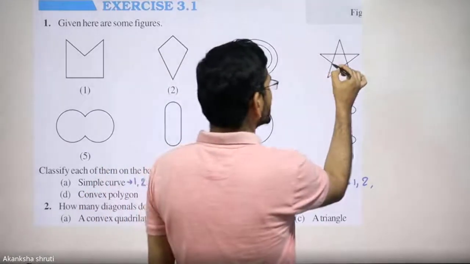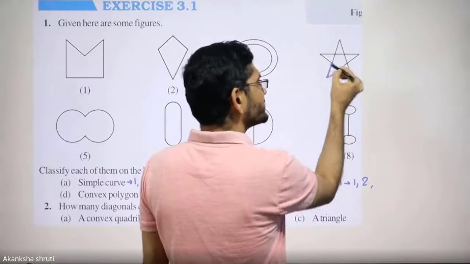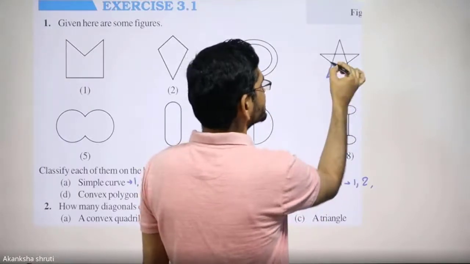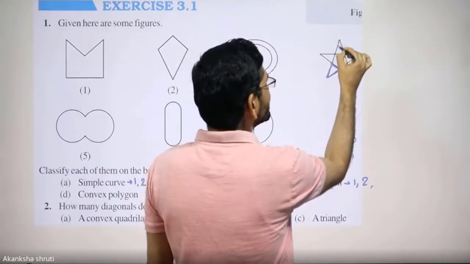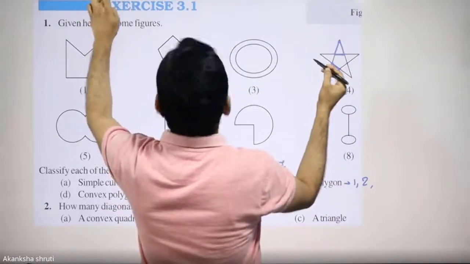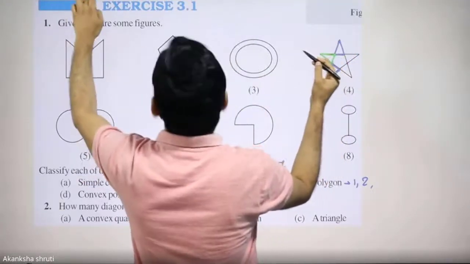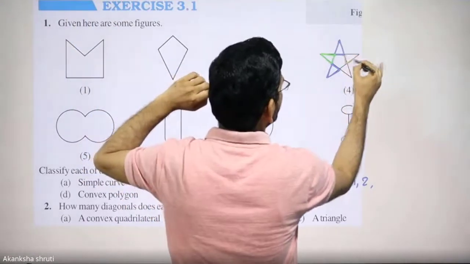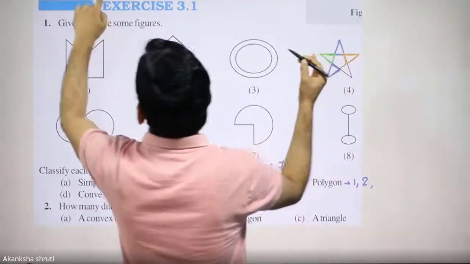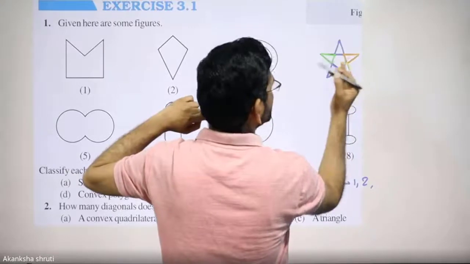Why? If you start from here, you get one of these closed areas by different line segments with different sides. Another you may get, even from here, you may get this one. The other one, you may start from here, you may get this one.